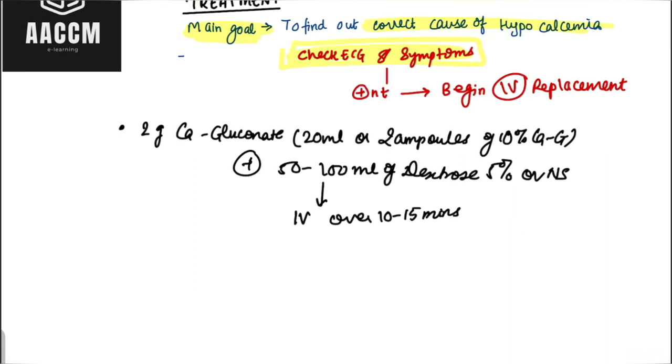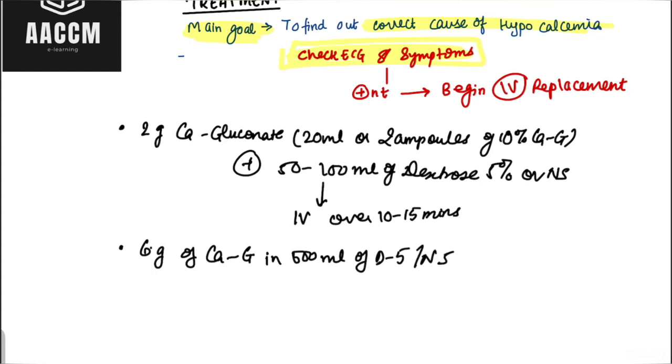Second thing, you can take continuous calcium infusion. Take 6 grams of calcium gluconate in 500 ml of D5 or NS. Infuse this at the rate of 0.5 to 1.5 milligram calcium per kg per hour, right?